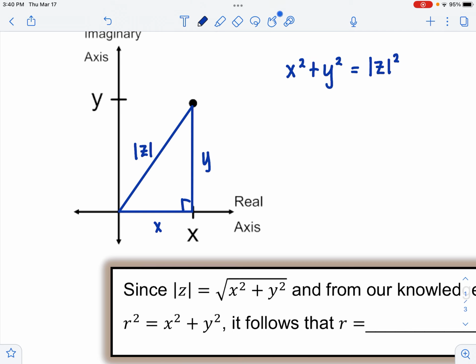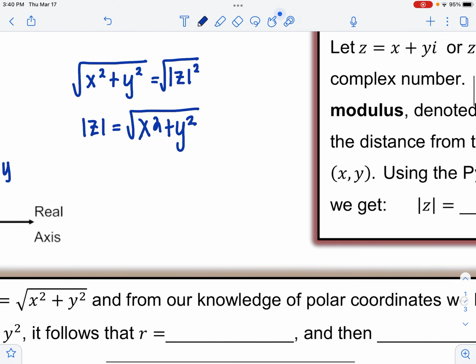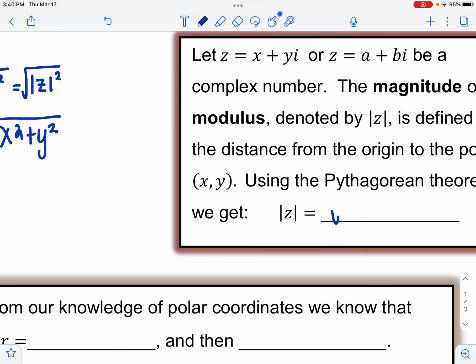And then when I square root to get the magnitude of z by itself, I get that the magnitude of z is equal to the square root of x squared plus y squared. All right, so the magnitude of z is equal to the square root of x squared plus y squared.